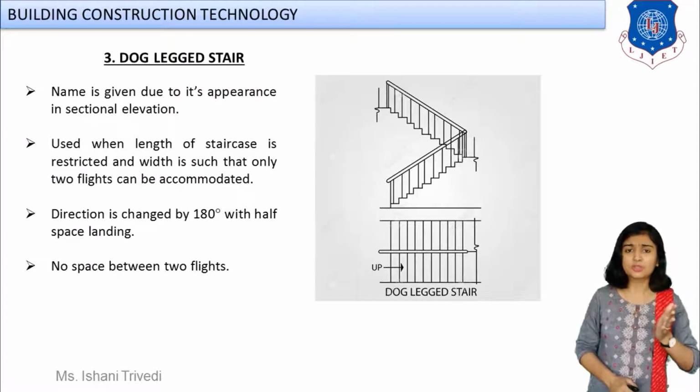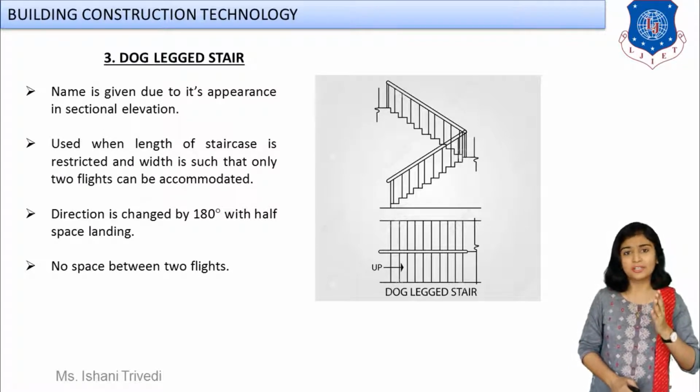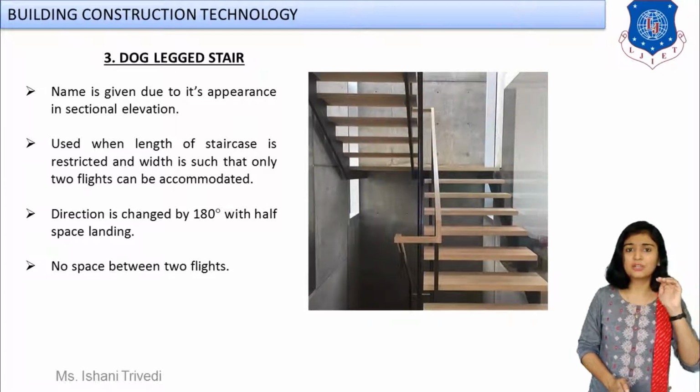So here you just have to observe the sketch, how it appears. Here you will have the half turn, 180 degrees turn, and then your second flight will continue. So this makes your dog-legged stair. I think I have shown you this image previously. All the theories are also shown to you, but to make it clearer, the sketch is shown today.